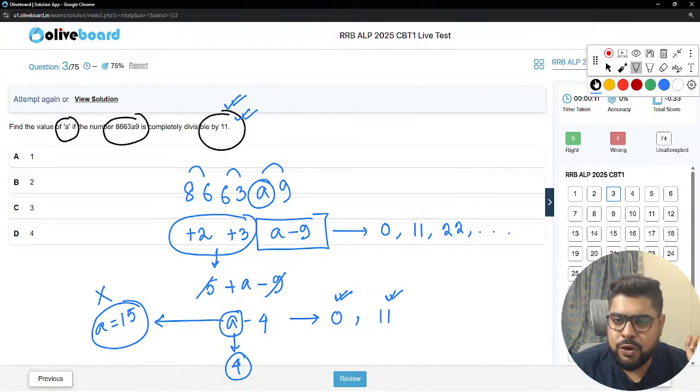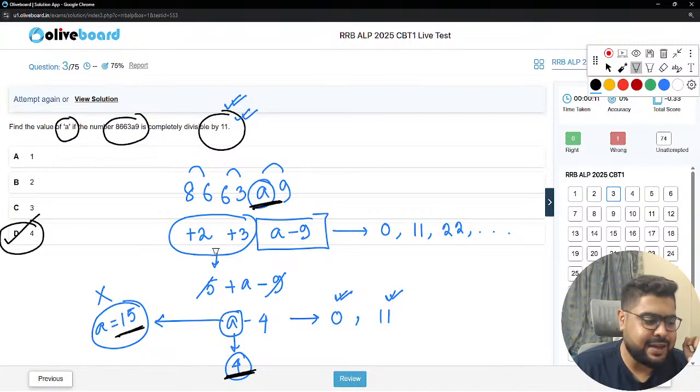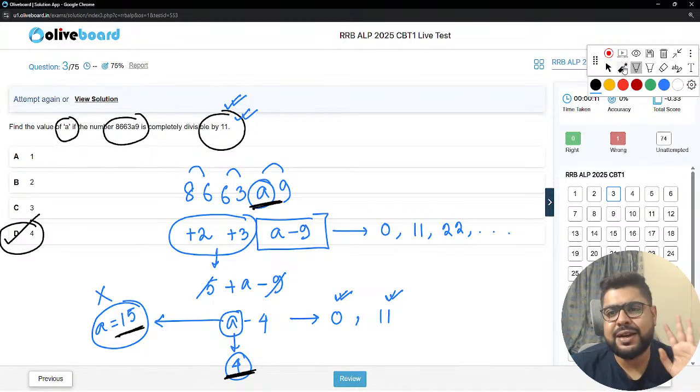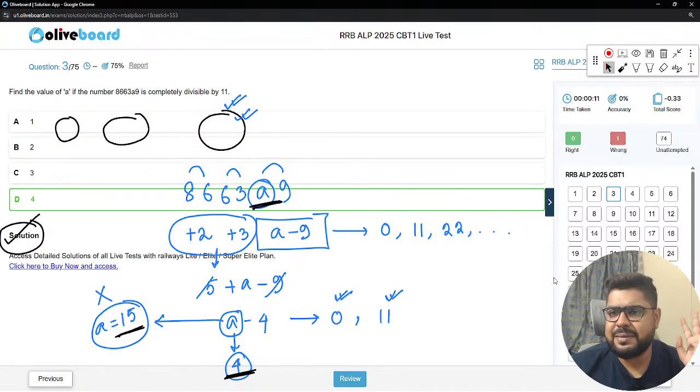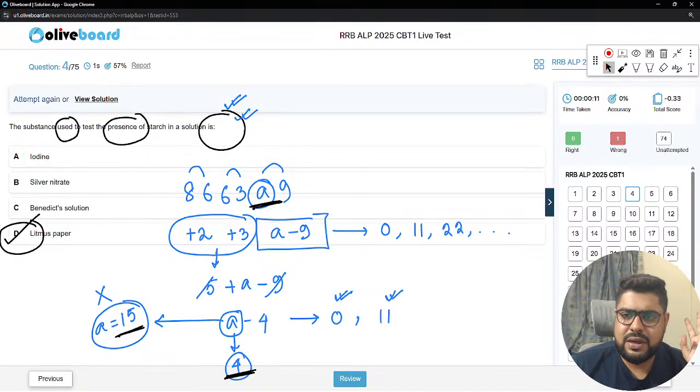I cannot put a two digit number in place of one digit. So the only possible value of A is 4. Option D is 100% the correct answer. Very simple. Clear? Moving on.